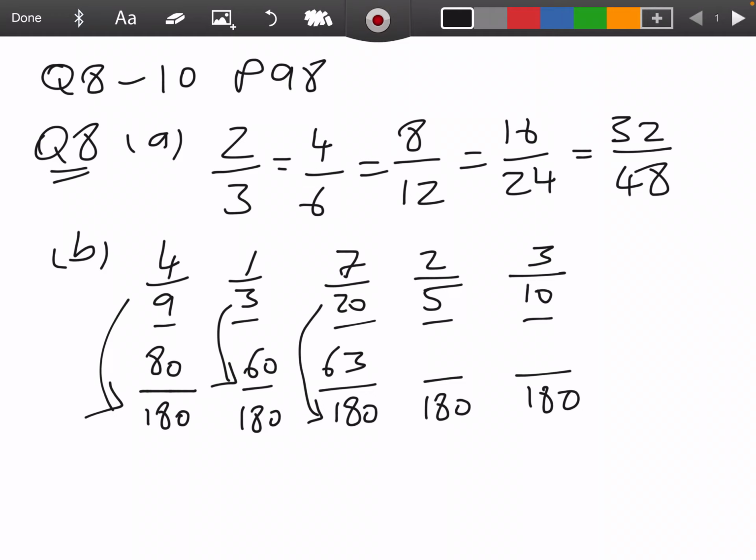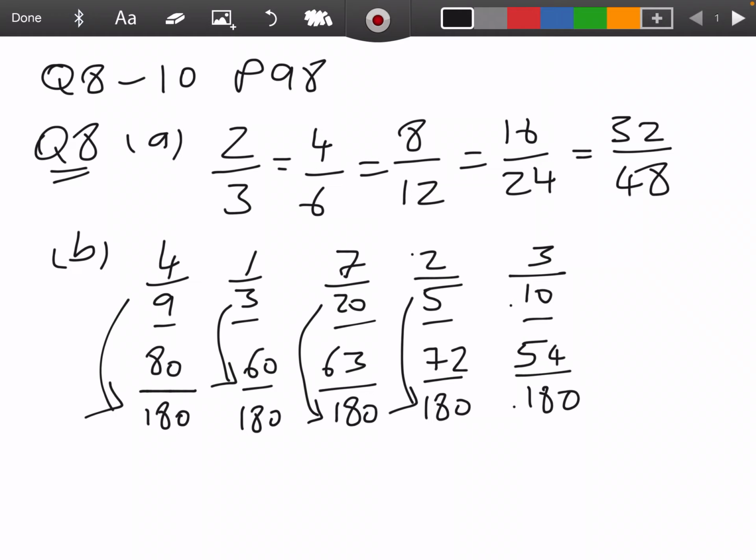So 180 divided by 5 gives us 36. So 5 goes into 180 36 times, so I multiply 36 by 2 to give me 72. And finally 10 goes into 180 18 times, and 18 times 3 is 54.